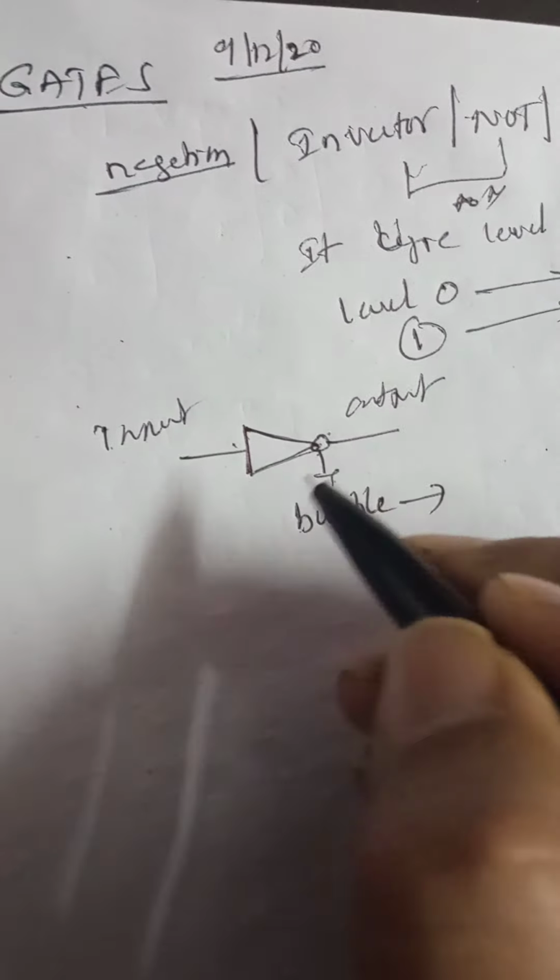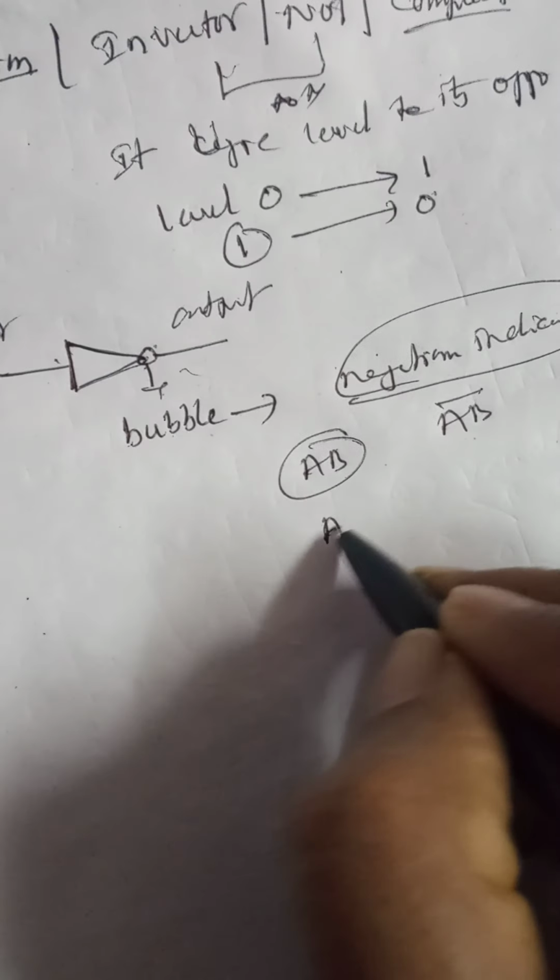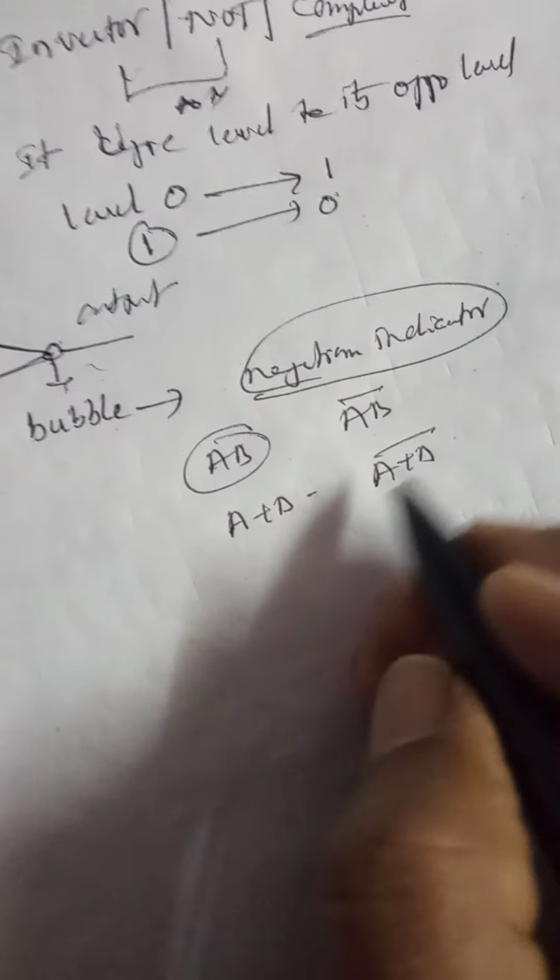This diagram. Now the bubble on the output side is the negation indicator. That means if the output is say AB, and the bubble is there, what you have to write? AB bar. Suppose if the output is A plus B, what you have to write? A plus B whole bar.